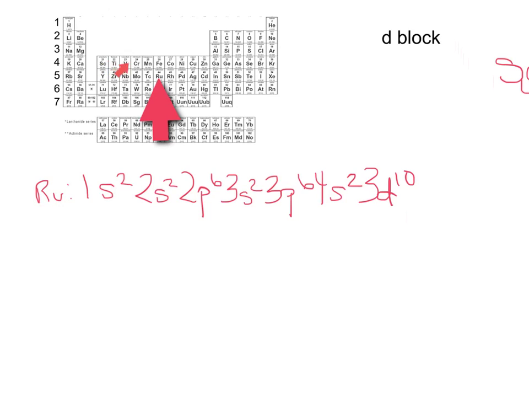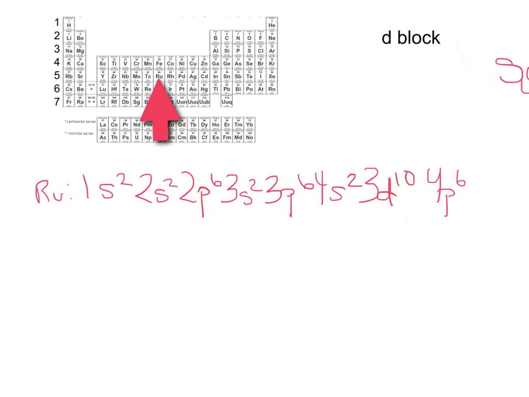So I just did those. And now I'm going to go into p block. I have to finish out my line before I go on to the next one. So now this is going back to energy level 4, 4p6. I just finished out my 4p6. Now I can go on to the 5th energy level. So that's a 5s2.